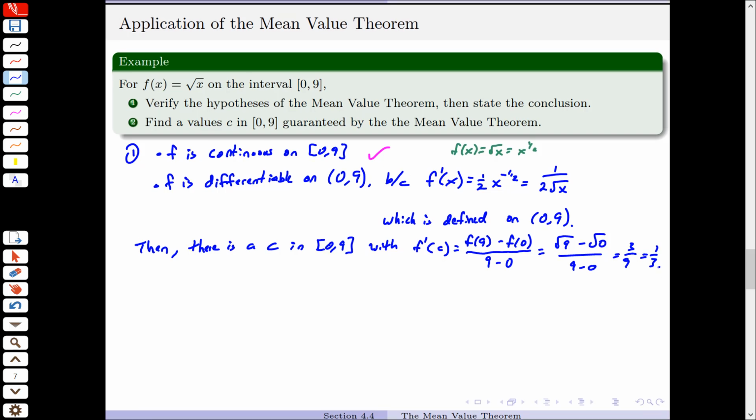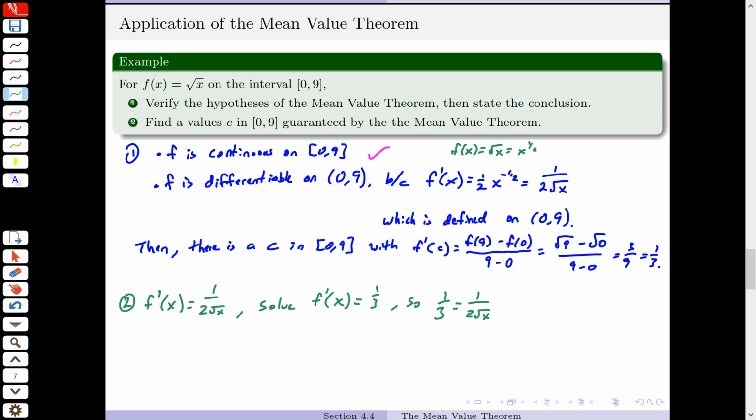Okay, so let's go ahead and find this. So we already computed f prime of x is 1 over 2 root x, and we want to solve f prime of x equals 1/3. So 1/3 equals 1 over 2 root x.